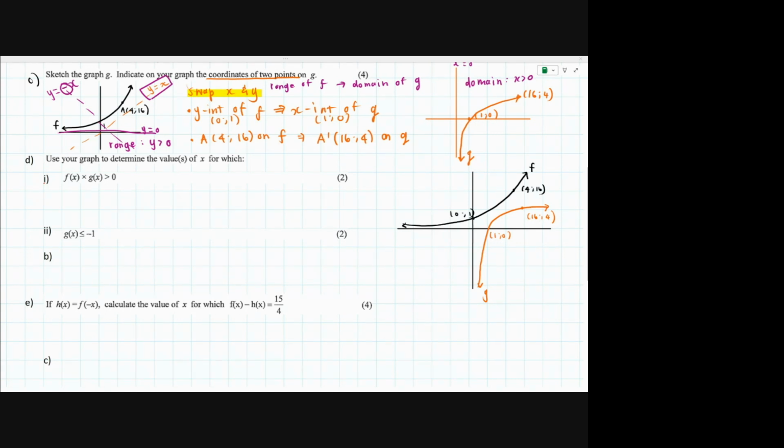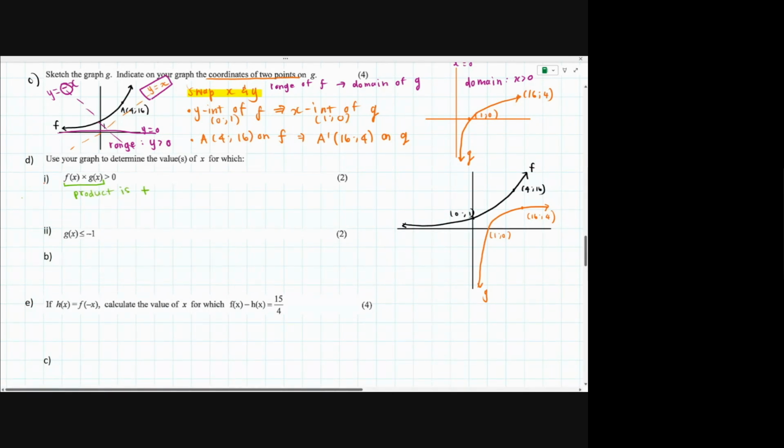Okay, cool. All right, so guys, those are the two graphs that we are looking at. And the reason I'm wanting to draw them together is because in this first inequality question, it's asking me to compare the two graphs. So this first question is saying to me, where is f of x times g of x greater than 0? So where is the product of my two y values of f and g greater than 0? So where is the product positive?